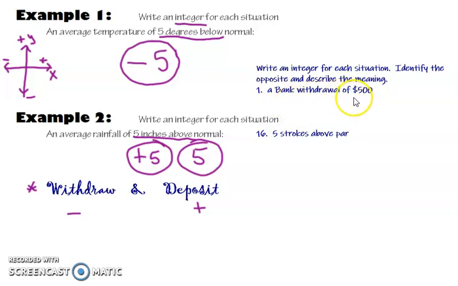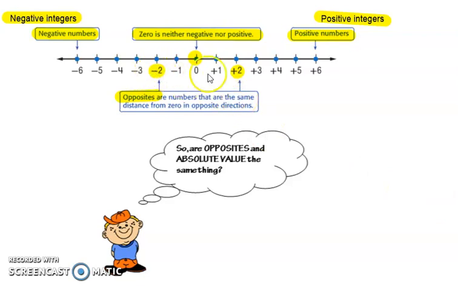Okay, so a bank withdrawal of $500. So we're going to write -500. That's what that is for an integer that represents that, right? Okay, it's got a second problem on here too. It says identify the opposite. Okay, the opposite of 500. Just look at your number line. Remember how we showed the opposites. Okay.